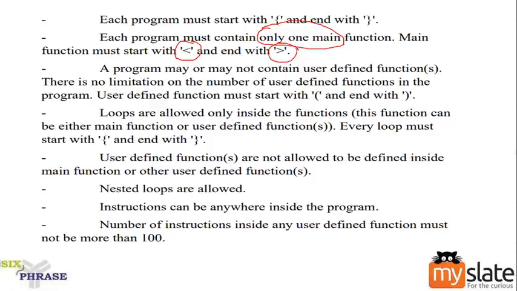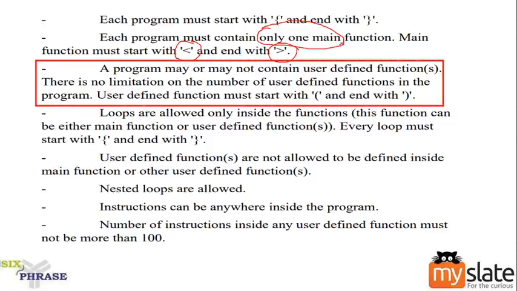Next step. A program may or may not contain user-defined functions. There is no limitation on the number of user-defined functions in the program. User-defined functions must start with a round bracket and end with a round bracket.